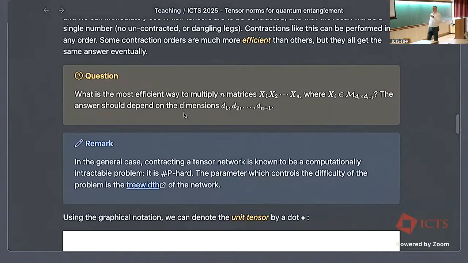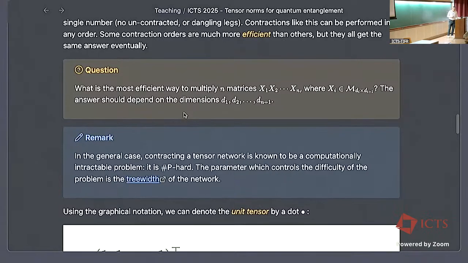So it works for trees, like in this case of matrices, this is like a line, it's a tree. But in general, it's a very hard computational problem with lots of implications for people doing these tensor network things. It's something they think a lot about: what's the optimal way to compute these sums? And the more non-tree-like your tensor network is, the harder it is to find this optimal.